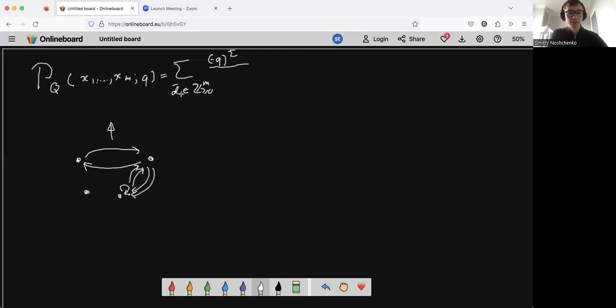And this is expressed as a sum. Maybe I could have written it a bit more explicitly. This is an infinite sum, a formal series, summation over an integer vector, so d1 up to dm is some integer valued vector.